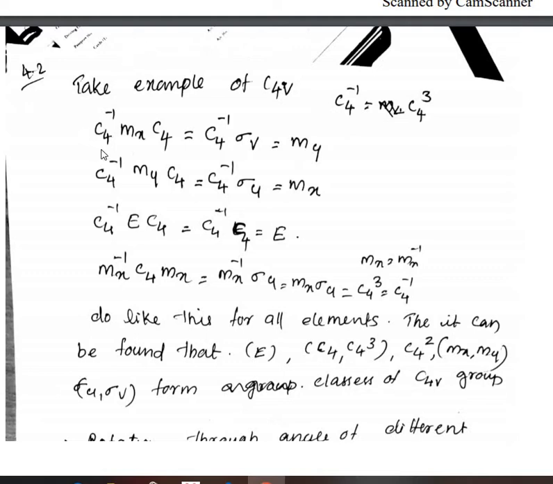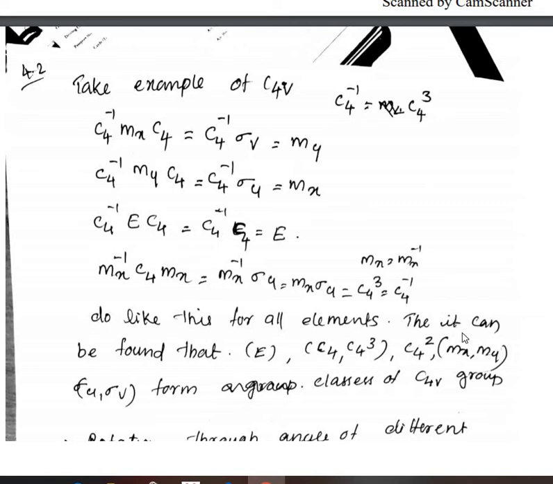Similarly, take C4 and C4 cubed. C4 cubed is nothing but C4 inverse. Do the similarity transformation with the elements of the group, and you can find that C4 and C4 cubed will form a class.